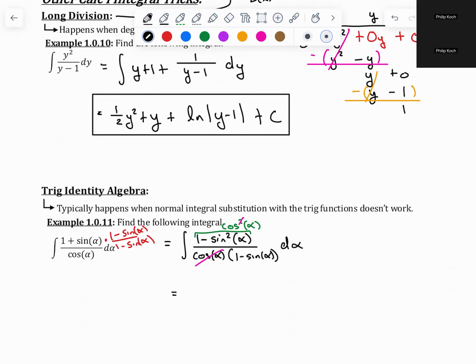We have the integral of cosine of alpha divided by 1 minus sine alpha d alpha. I like using as many different types of variables as possible because the variable doesn't really matter. And from here, it's going to be a nice integral substitution.